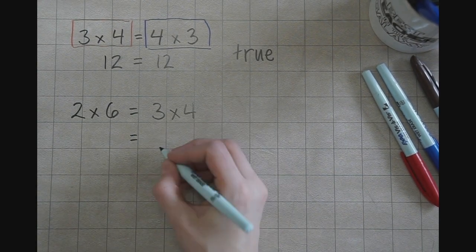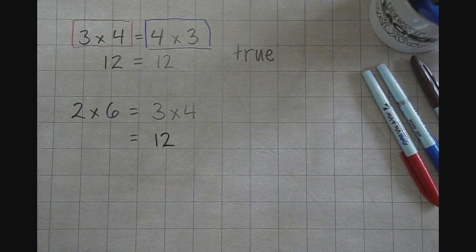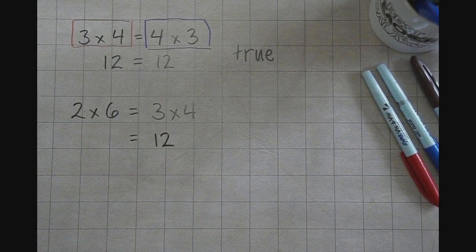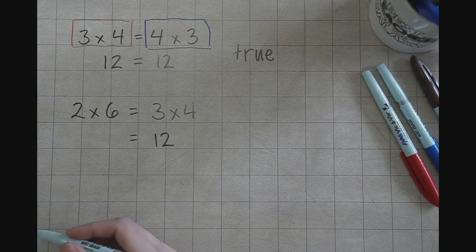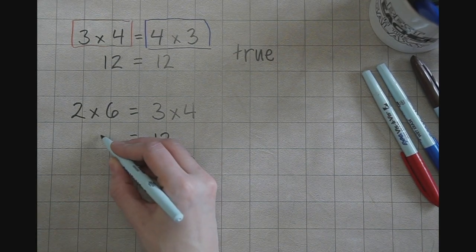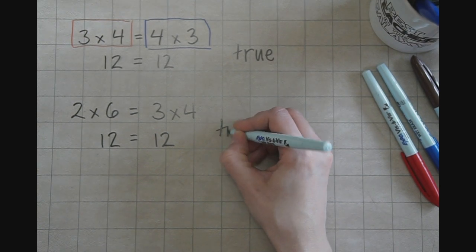Well, we just did 3 times 4. We know that's 12. 2 times 6, you can solve that by doing 2 groups of 6, or by remembering that all the times 2 facts are just doubles. Double 6, that's also 12. This equation is also true.